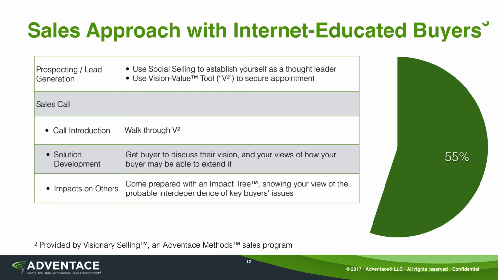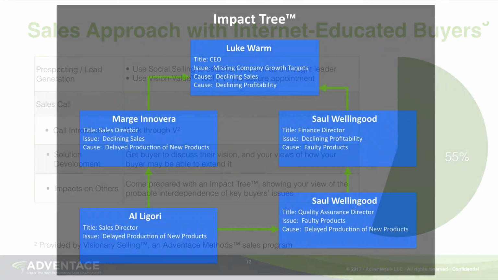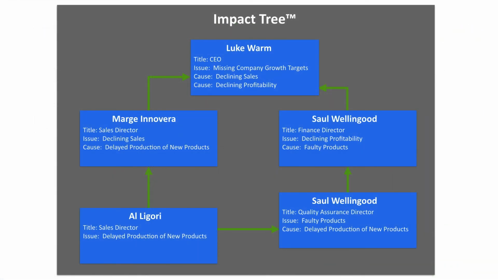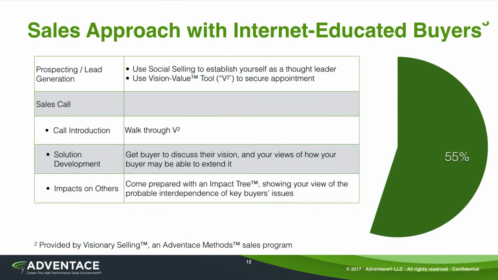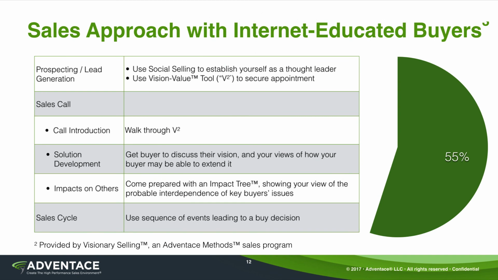To identify the impact on others, you should use another tool called an impact tree to show the buyer your view of the interdependence of the critical business issues across their organization. That will set the stage for you to gain access to those buyers. That then leads to the sales cycle, where you should come prepared with that sequence of events leading to a buy decision.